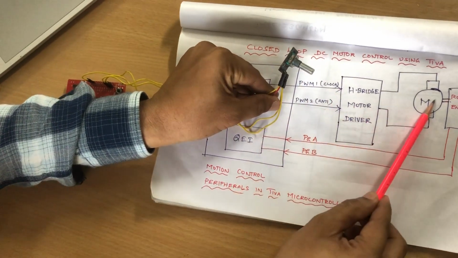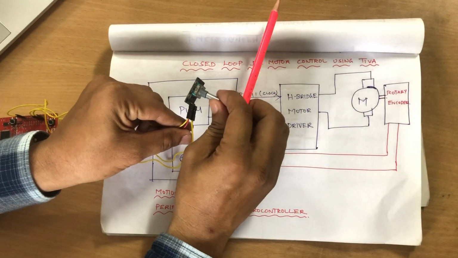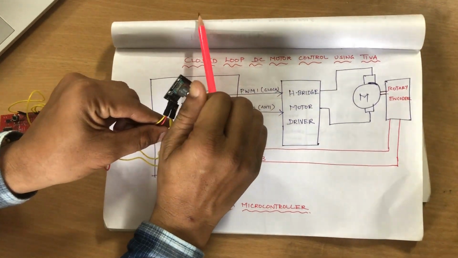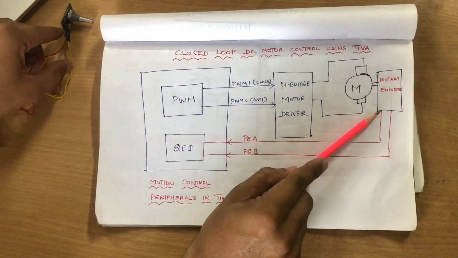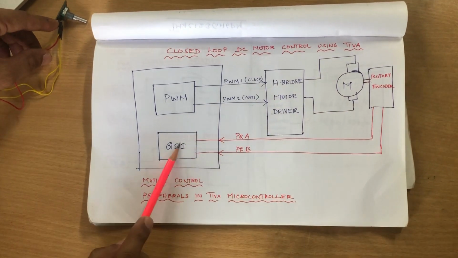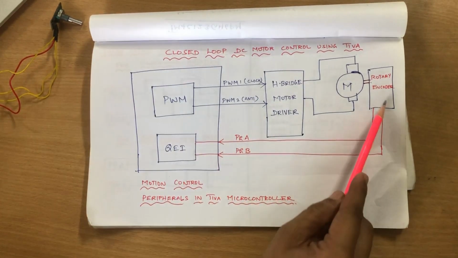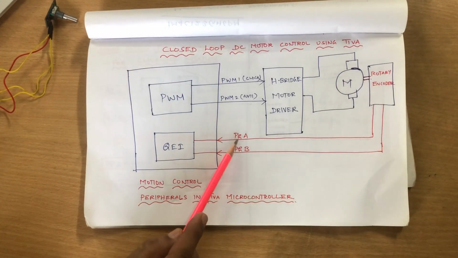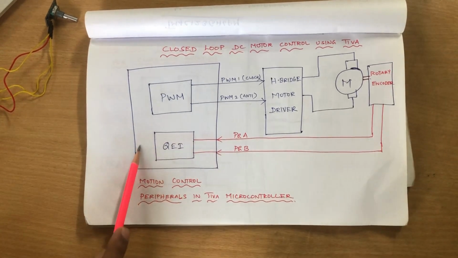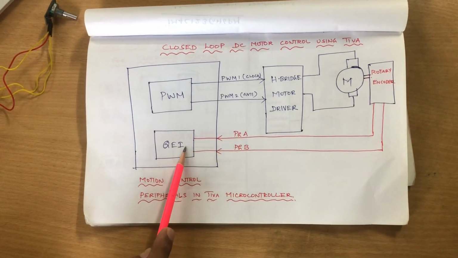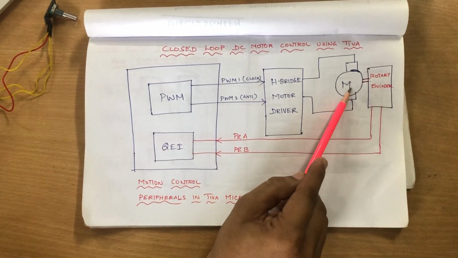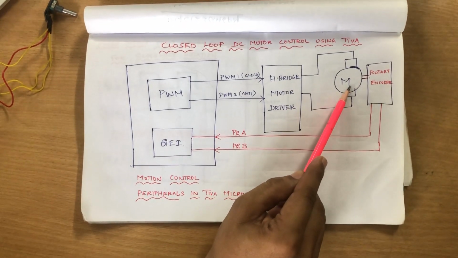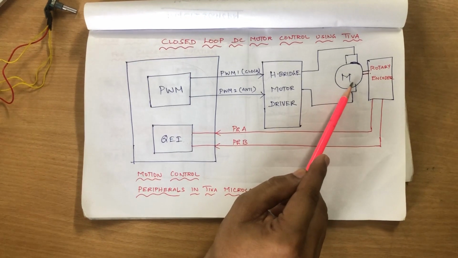This knob is connected to the motor shaft, so when it rotates along with the armature of the motor, we get 2 pulses, phase A, pulse A, as well as pulse B. The A pulse and B pulse must be connected to the quadrature encoder interface, which helps us measure the speed of the motor, the position of the motor, and much more.